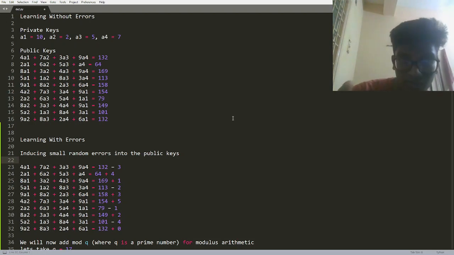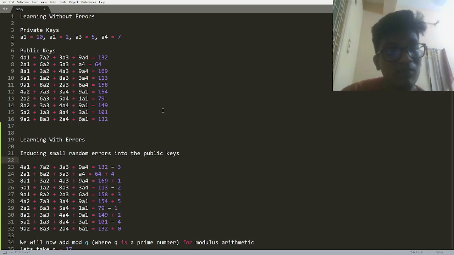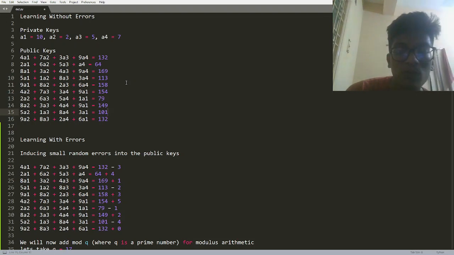Similar to normal techniques, we imagine we have private keys and public keys. Let's say I, as a receiver, have some private keys, let's say four private keys. Then we will generate some public keys using the private keys, and these public keys are in the form of polynomial equations.